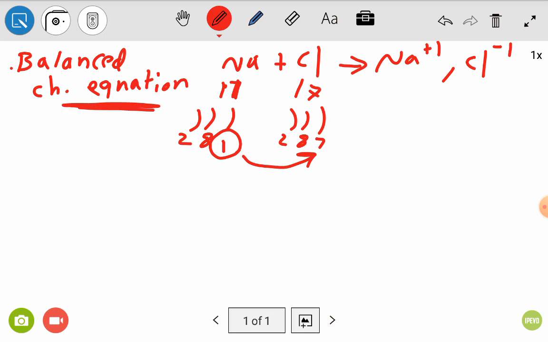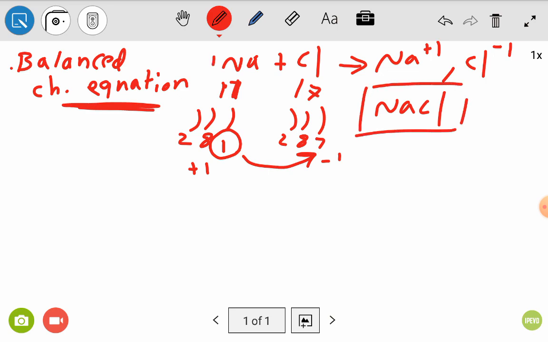In that case, the sodium is going to lose one electron to become a positive ion. Chlorine is going to gain that electron to become a negative ion, and the chemical reaction is going to give you NaCl, the sodium chloride chemical formula. We can say one sodium atom with one chlorine atom is going to give you one NaCl.